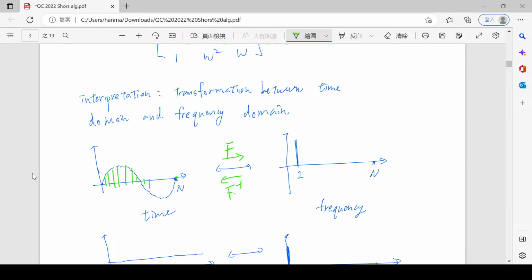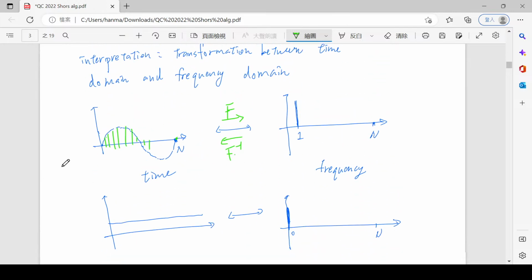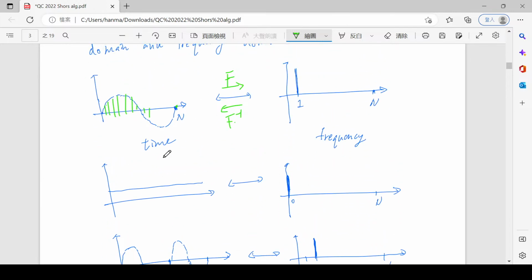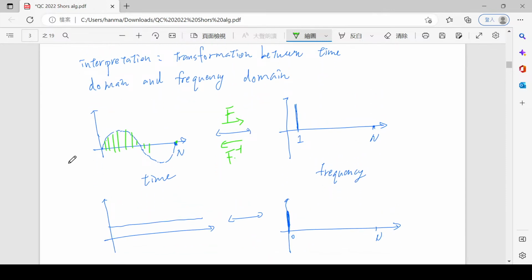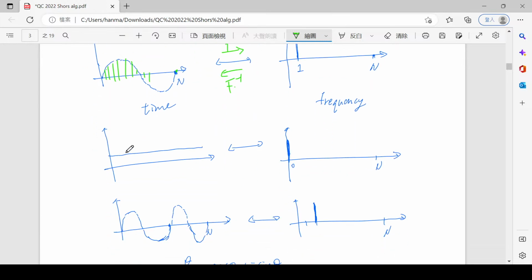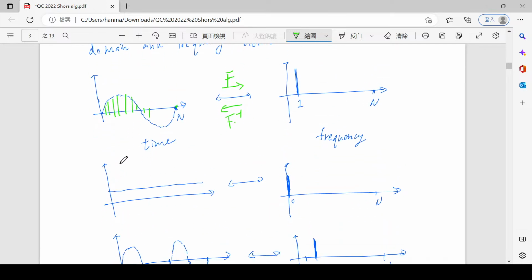What we want to do with the Fourier transform is pick out the frequency components of your signal. We are thinking about breaking our signal into a summation of sines of different frequencies. Let's say you have this constant function, which has frequency 0.